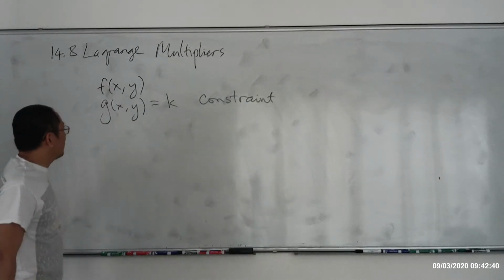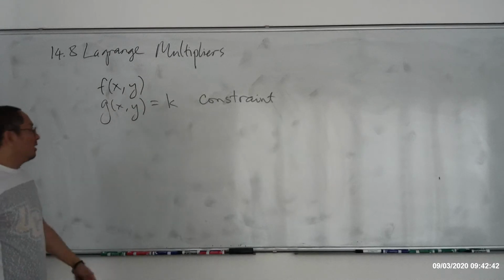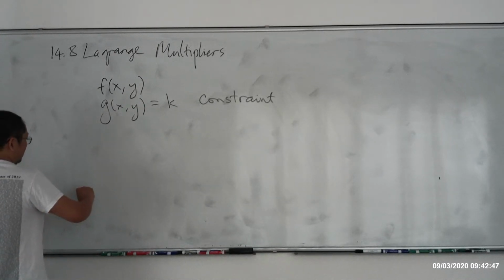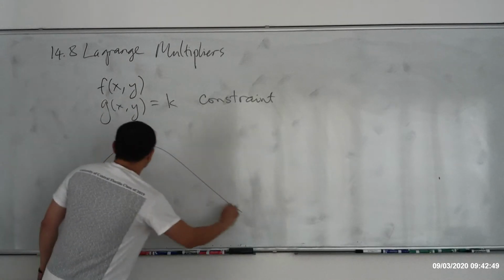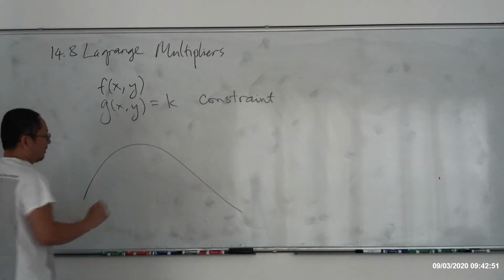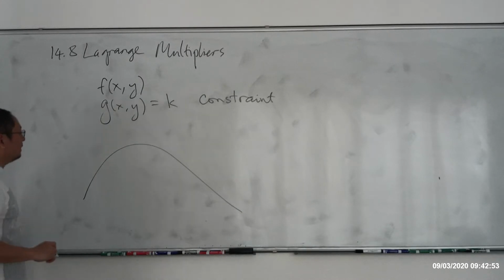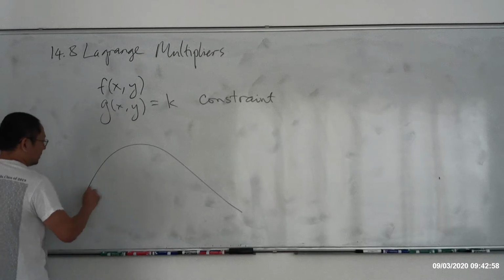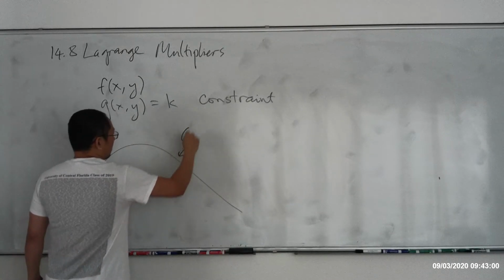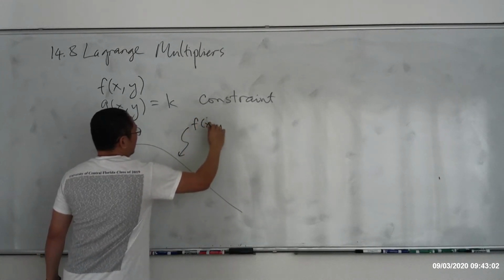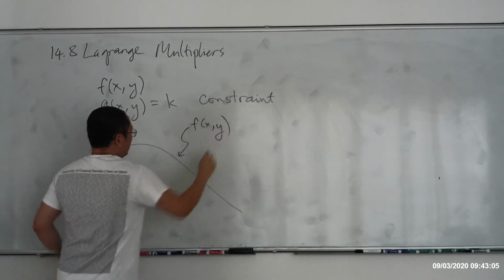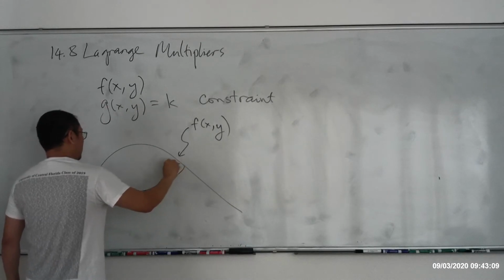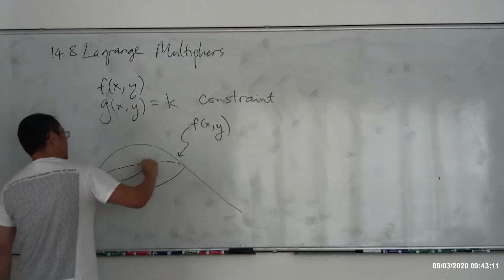So for a two variables function, I can try to explain to you using geometry. It's like this. Say you have a mountain. Okay, this is my function f, f(x, y). It's a surface. And then g is what? Just like the mountain road, the road that goes around the mountain. It's a curve.